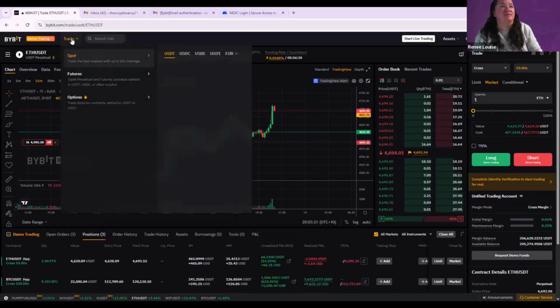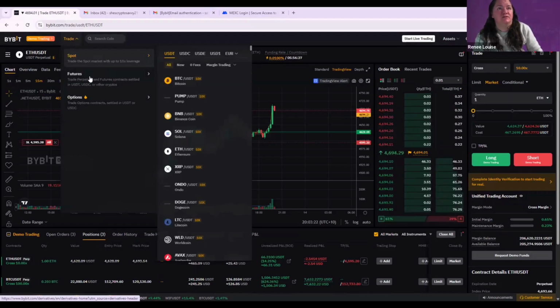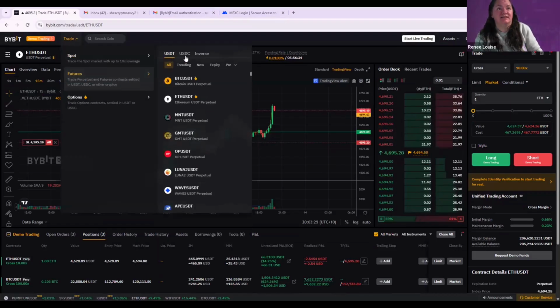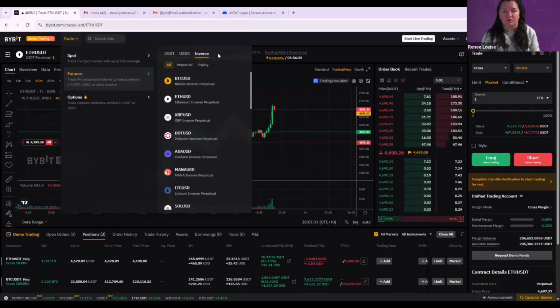What we also have is, if you go into futures, you'll see here USDT, USDC, and then inverse. Inverse is when you're using the actual crypto instead of a stablecoin. So you can trade futures using Bitcoin as the collateral. Instead of having all of your money in Tether, you can trade with your Bitcoin and use more leverage on top of that to trade futures.